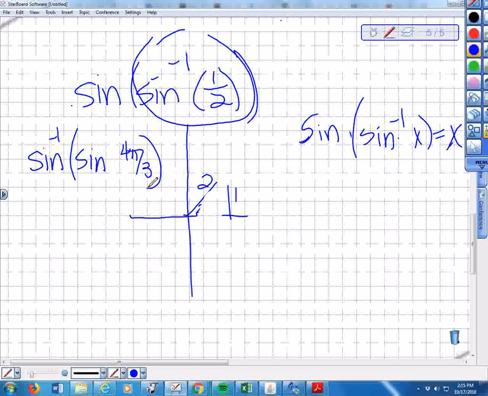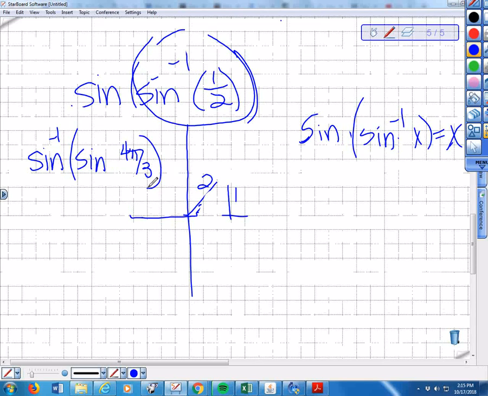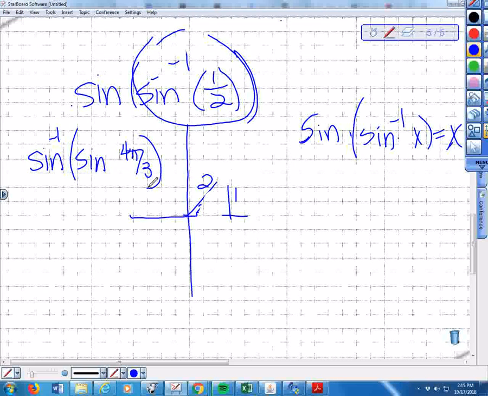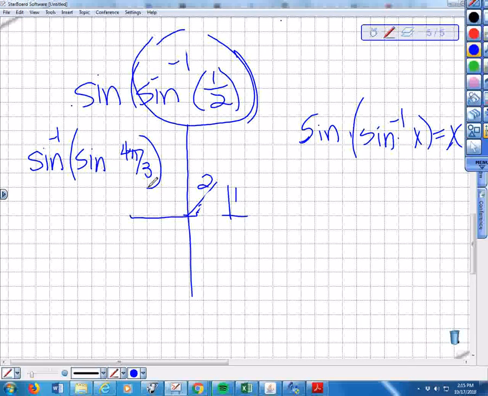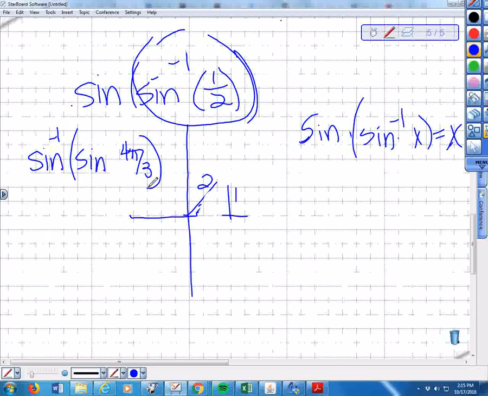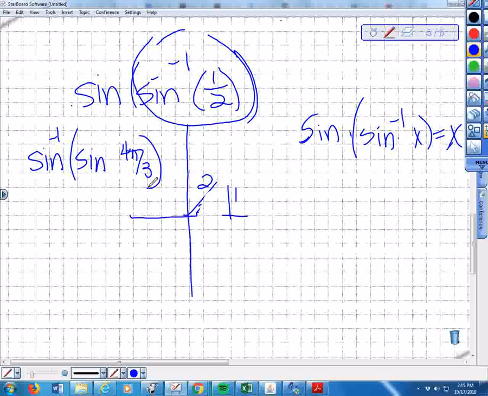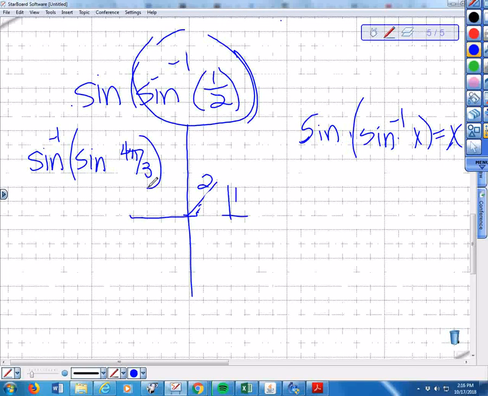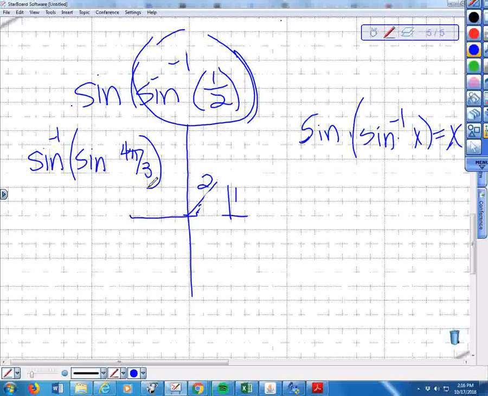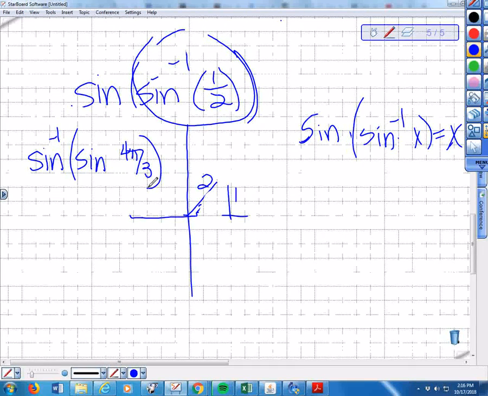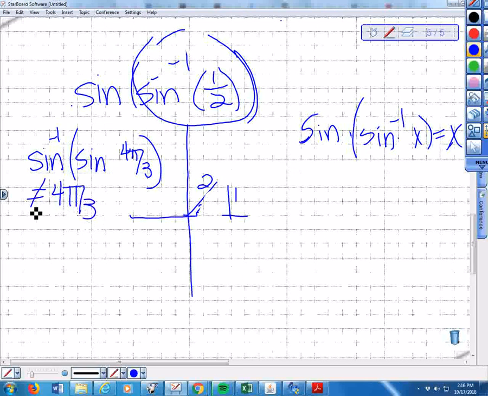If we use the rule that the inverse sine of sine x is equal to x, we can't say this is equal to 4 pi over 3 because that's not in the domain of inverse sine. You know what I mean? 4 pi over 3 is past 180. And the domain of the inverse sine is 0 to pi. Can't be anything bigger than that. Okay? So this is not equal to 4 pi over 3.